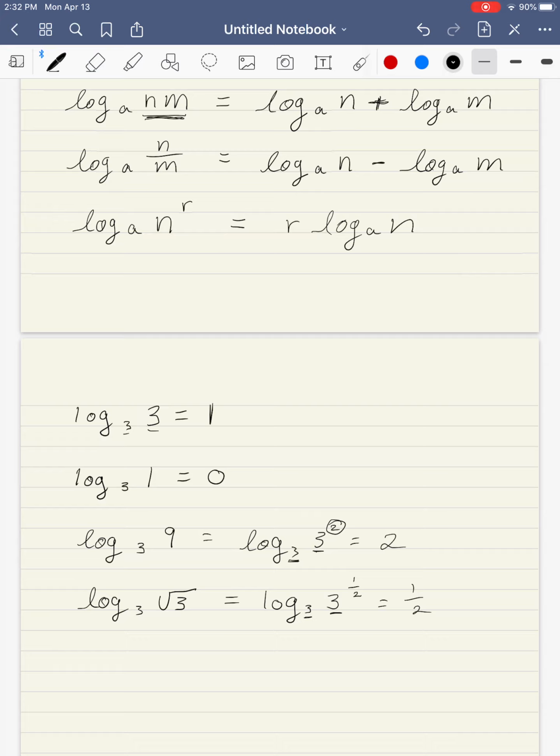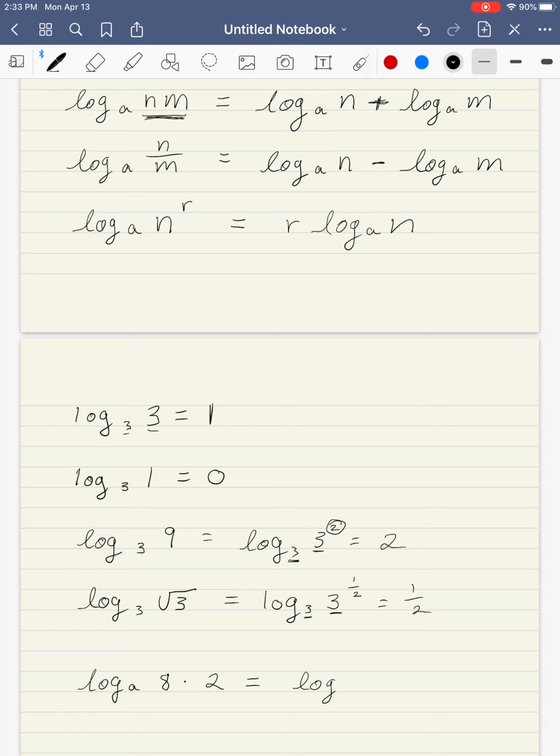Okay, let's look at these last 3 properties and see if we can convince ourselves that they really work and how they work. For instance, say I have the logarithm base 2 of 8 times 2.